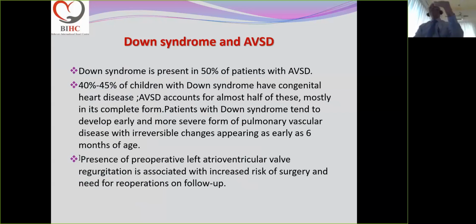If there is severe left AV valve regurgitation, some degree of residual AV valve regurgitation is likely, and this might progress in future. In other words, one of the common problems in operated AV canal is residual AV valve regurgitation, which may progress and you may need to reoperate for that later in life.